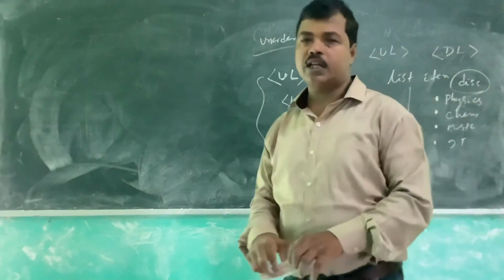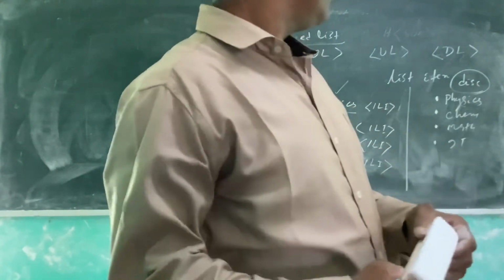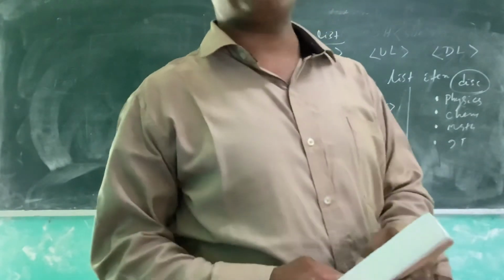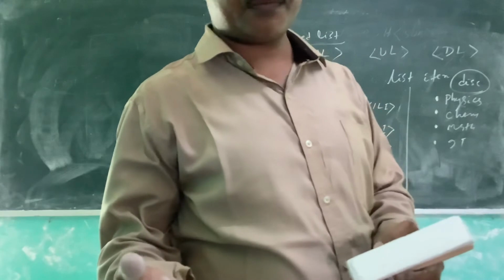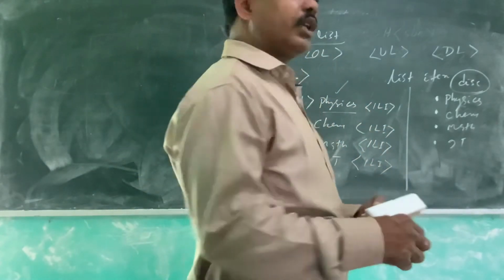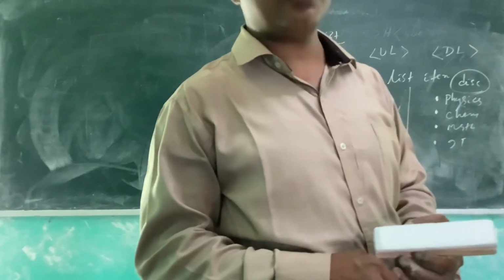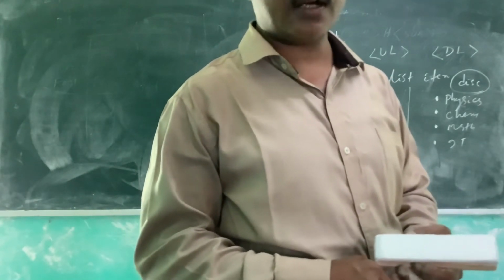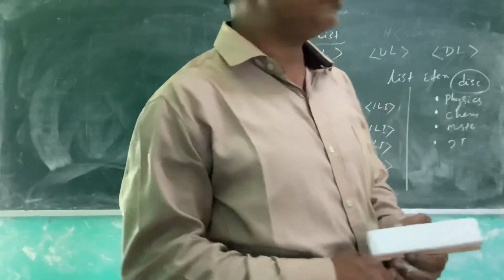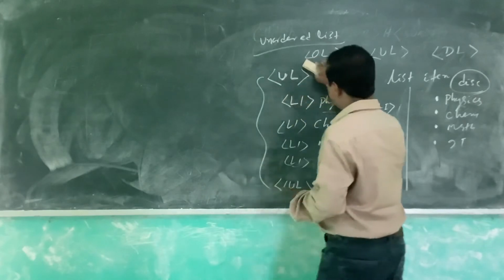Default bulleted style is this, and you can change the bullet style to square or circle by adding an additional attribute. By adding an attribute type equal to square or type equal to circle. Where? In this place.